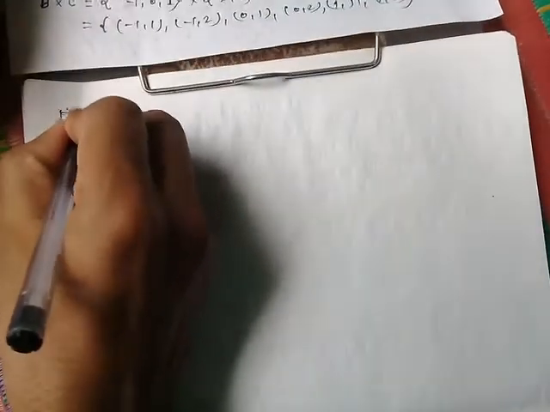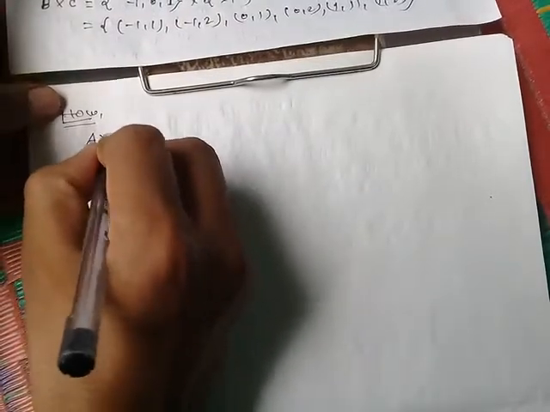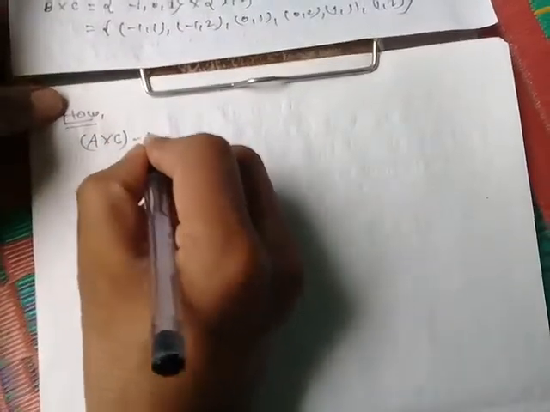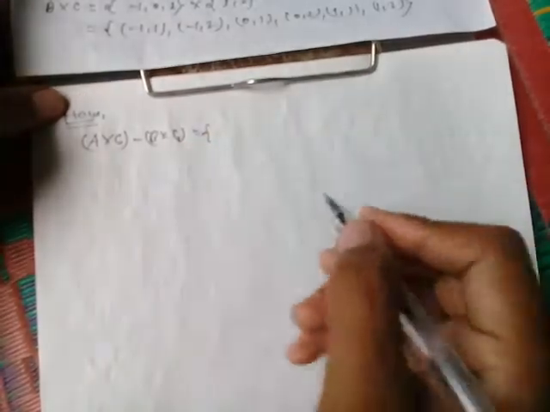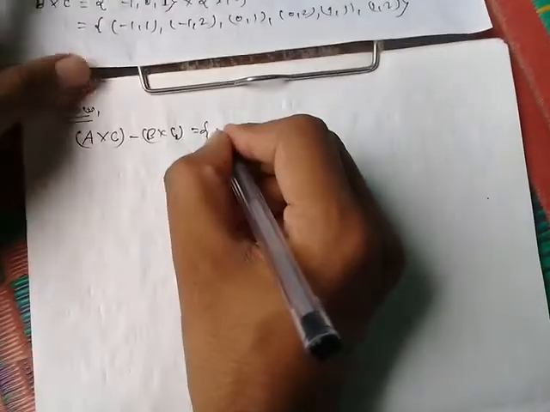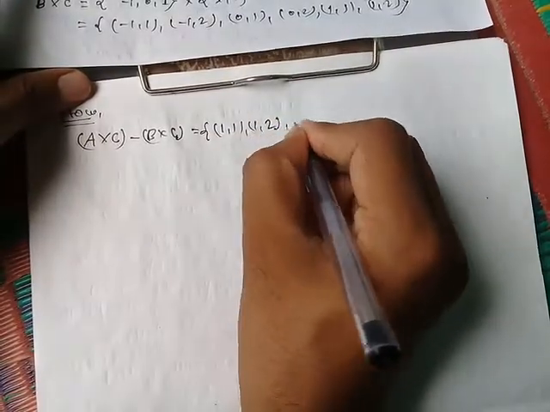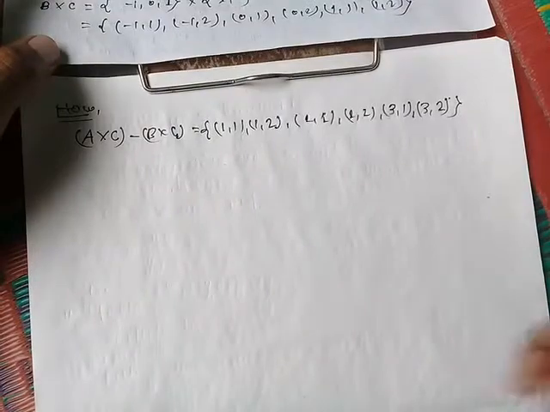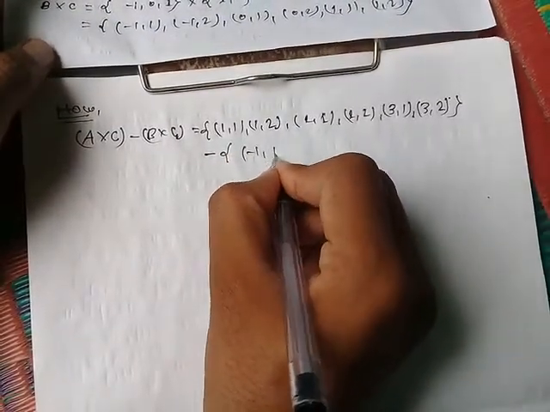Now find A Cartesian C minus B Cartesian C, which is (1,1), (1,2) and so on minus (-1,1) and so on.